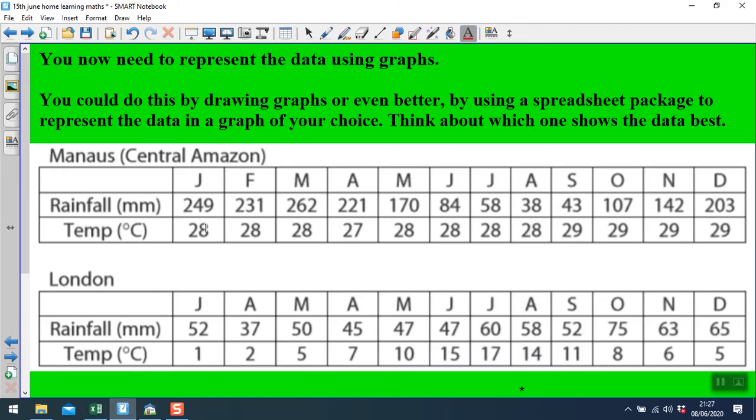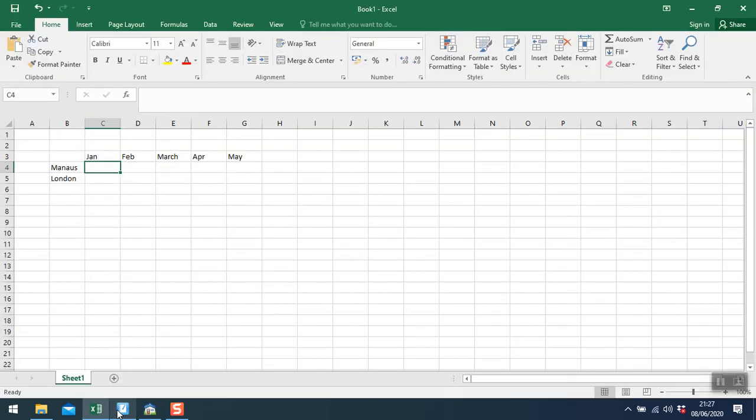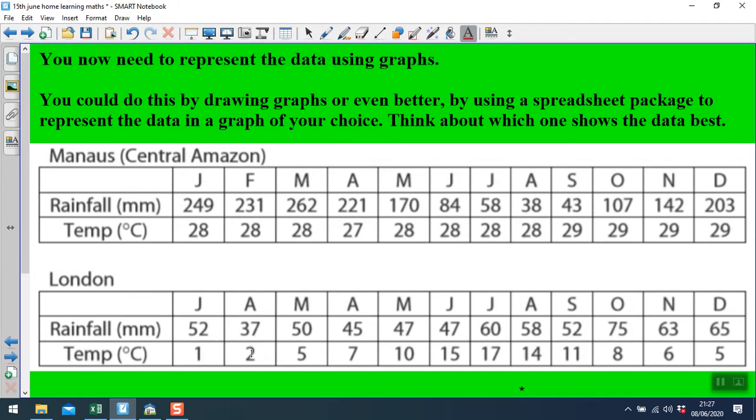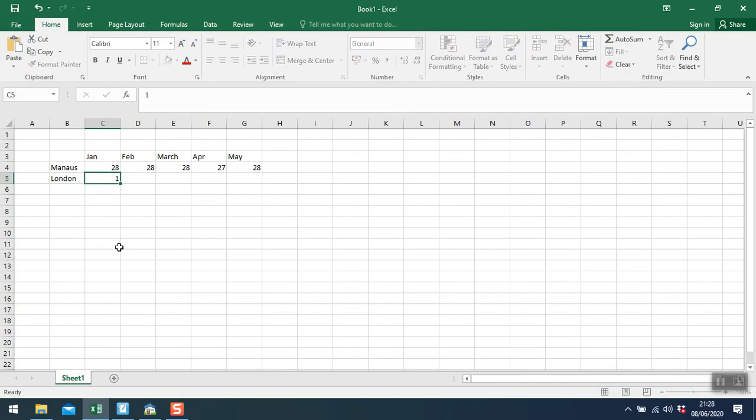So I've got for temperature 28, 28, 28, 27, 28. And then for London, I've got 1, 2, 5, 7, 10. It's very chilly. Obviously you will have all the other months as well, but I'm just going to show you quickly how to do this.